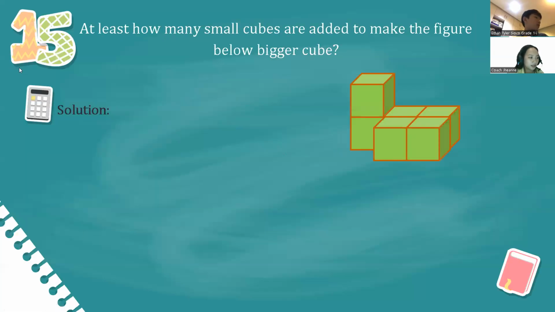Number 15. At least how many small cubes are added to make the figure below a bigger cube? Note that a cube has 6 faces. If this one here is a cube, let's disregard this one.